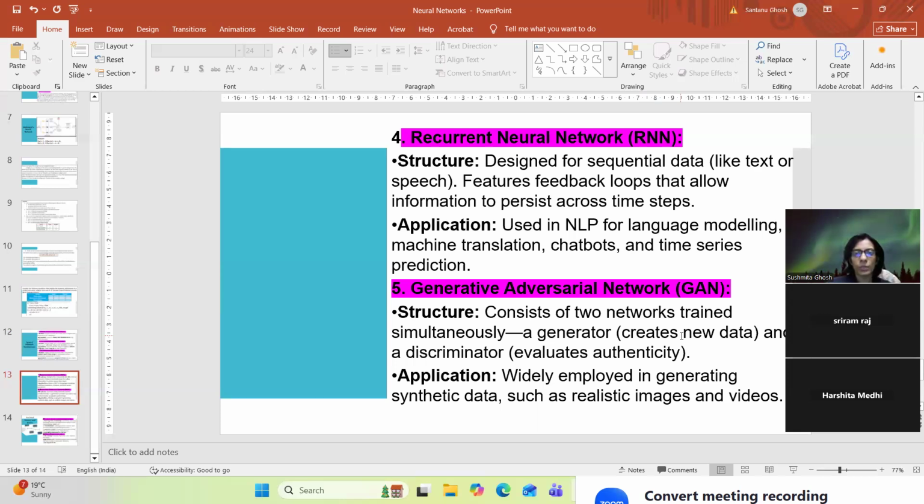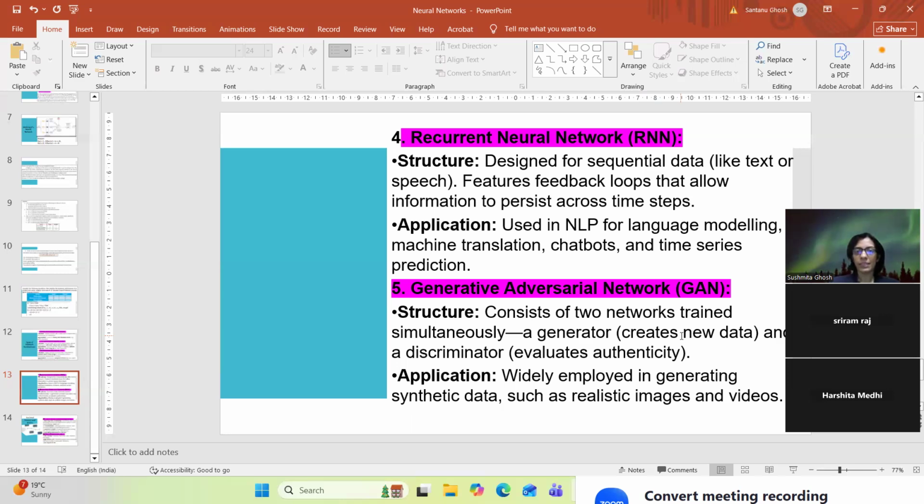Then comes the fourth one, which is your recurrent neural network. As the name suggests, you'll be able to remember also. Recurrent means you have the feedbacks happening. You have the iteration happening in the loop recurrently. Okay? So multiple times the thing is being reviewed and checked. Again, based on feedback it is being improvised repeatedly depending upon the setup.